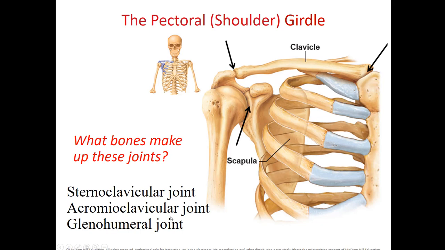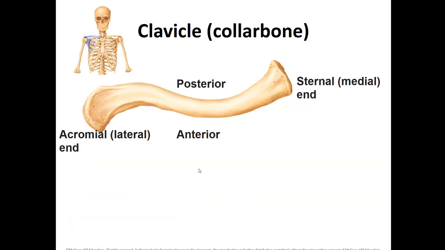The acromioclavicular joint is between the acromion process of the scapula and your clavicle. Glenohumeral joint is the glenoid cavity of the scapula and the head of your humerus, a nice ball and socket joint. Let's start going over your bones.